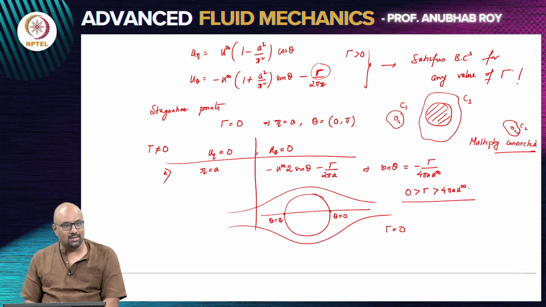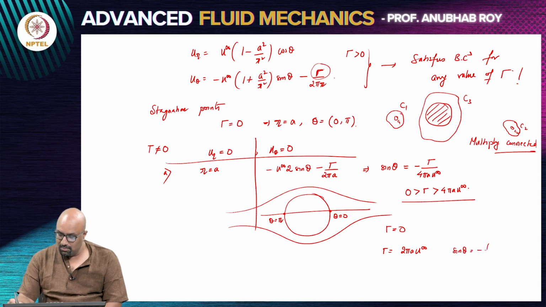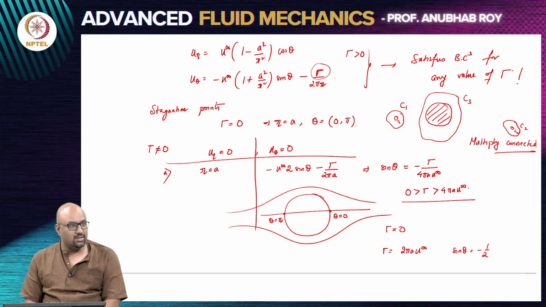The moment gamma is non-zero, so now your sin theta is a little larger than 0. So let's say gamma is half, so let's choose a value of gamma. So let's consider gamma to be 2 pi A U infinity. So the moment gamma is 2 pi A U infinity, your sin theta is equal to -half, which means your theta is basically going to be -30 degrees.